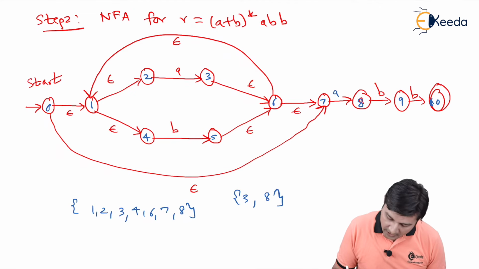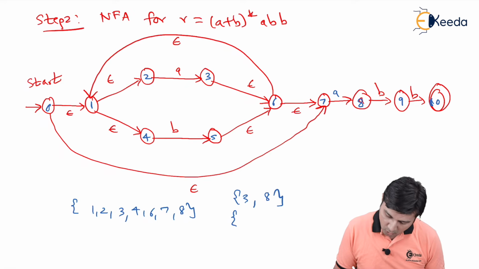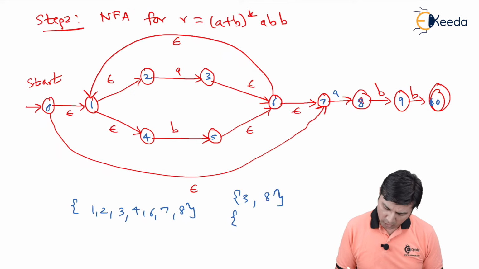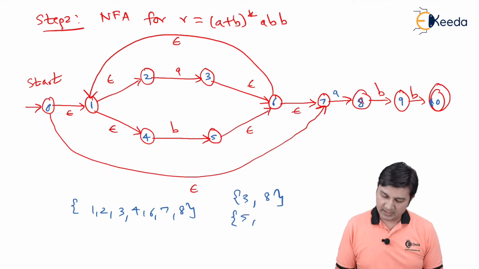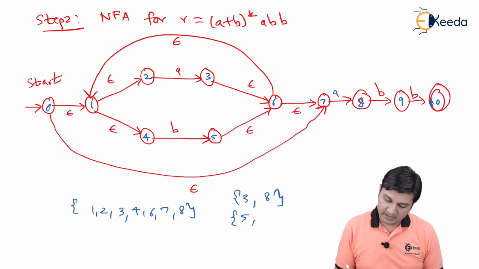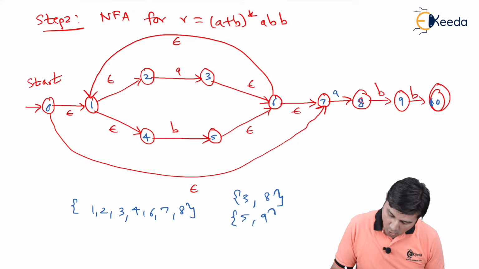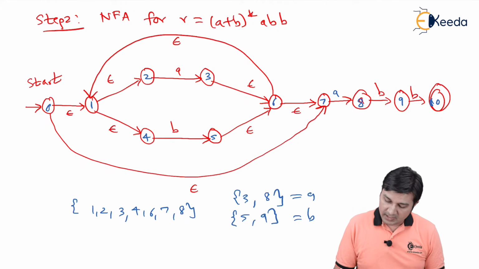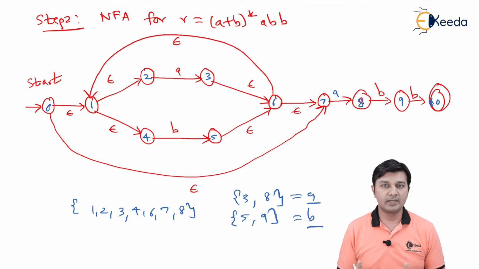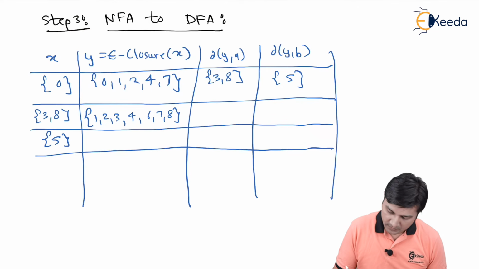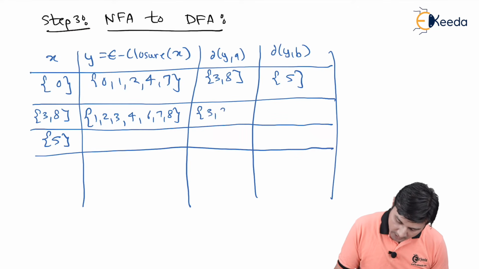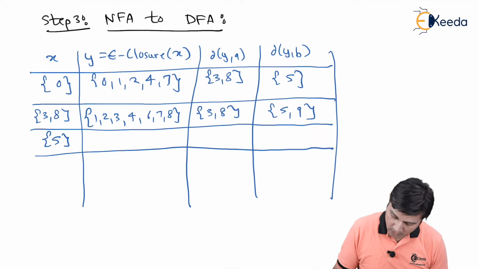So we have Y on B, 1 on B nowhere, 2 on B not possible, 3 on B not possible, 4 on B goes to 5, 6 on B not possible, 7 on B not possible, but 8 on B is possible, and that is going to 9. So this is my transition Y on A, and this is my transition Y on B. So let's write it in the table. So I have 3, 8 over here and 5, 9 over here.